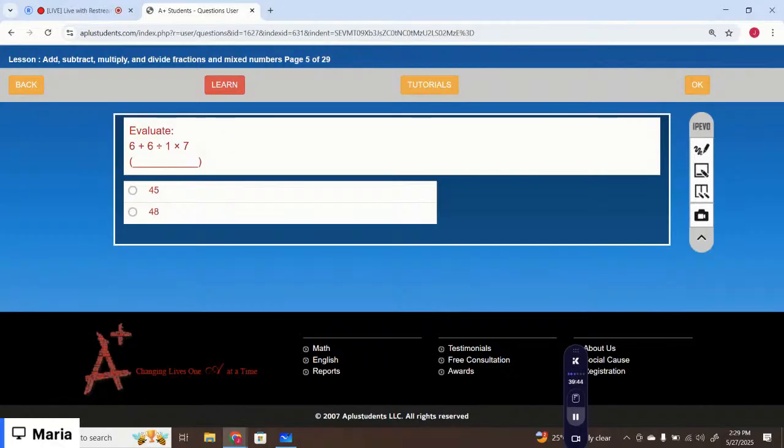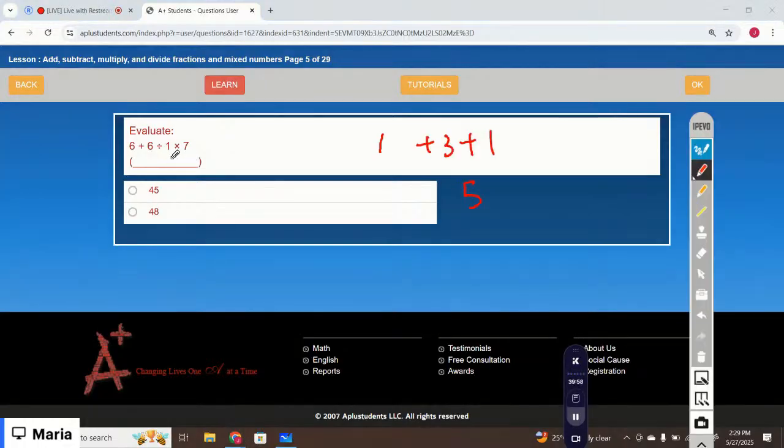Six plus six divided by one times seven. So you need to divide first because division has higher priority over addition. So that is 6 plus, 6 divided by 1 is 6.